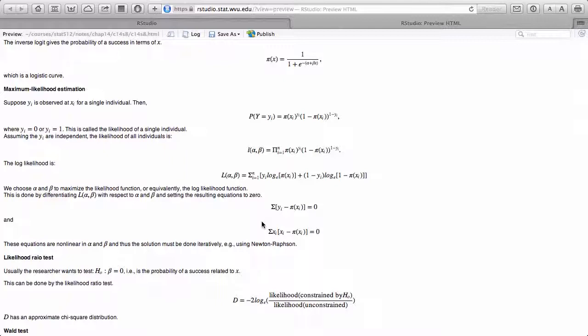Here, these are nonlinear. When we take the derivative of this with respect to alpha and the derivative with respect to beta, and set them equal to 0 and solve for alpha and beta, unfortunately this is not so easy to solve because it's nonlinear.